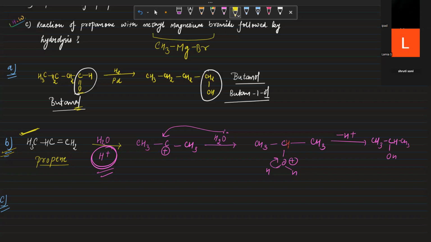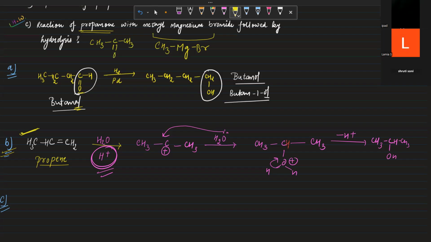There is one more reactant written, that is propanone. Now we need to identify what propanone is. How can I write propanone? What is the formula for propanone? It's a three carbon chain. Three carbon chain, C double bond O, and CH3.